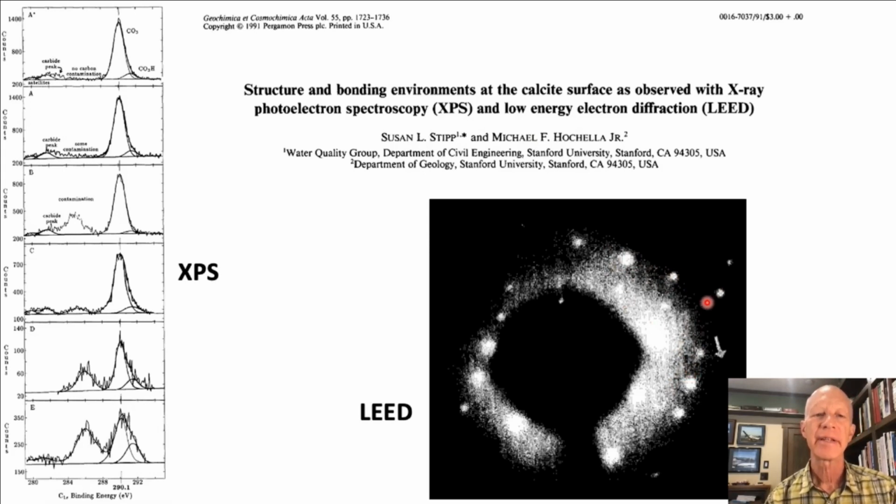And the pattern of these dots, these diffraction maxima, and their spacing and their symmetry gives us the crystal structure of the calcite surface. And so it allowed us to determine the structure of the calcite surface. And this paper, 30 years old, is still being cited today, something like 30 or 40 times a year. It's really remarkable that people are still using this.